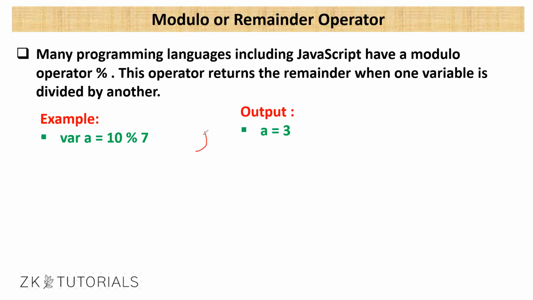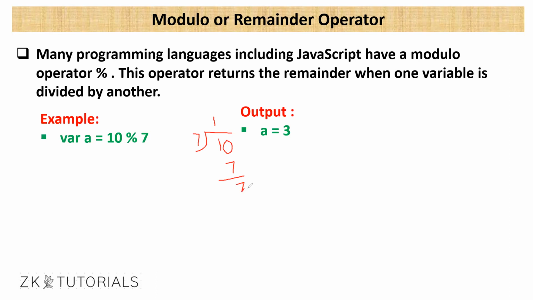Now if we are dividing 10 by 7, we have 7 once, and the remainder: 10 minus 7 is 3.